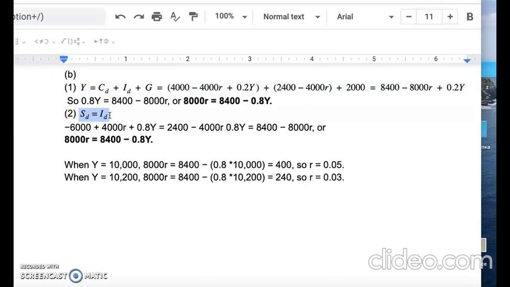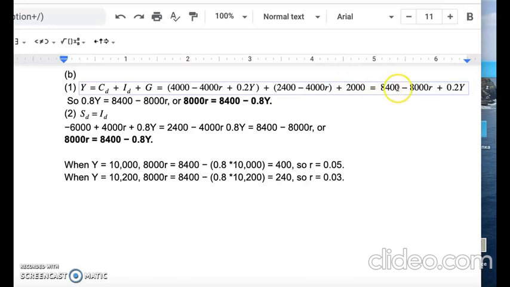By the first option, you will have to substitute all the equations of the desired consumption and desired investment, and government purchases is also 2,000.